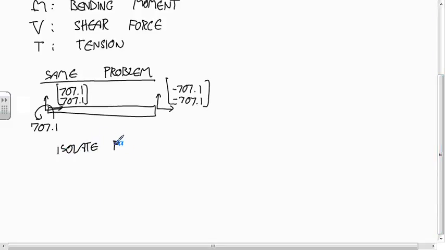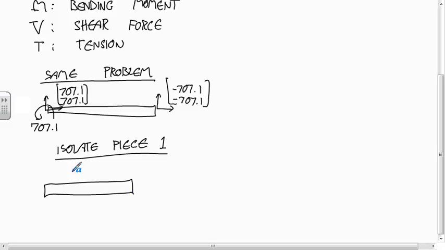So I'm going to isolate piece 1. This is working from the left. So we have this external force, 707, 707, and we have that external couple of 707.